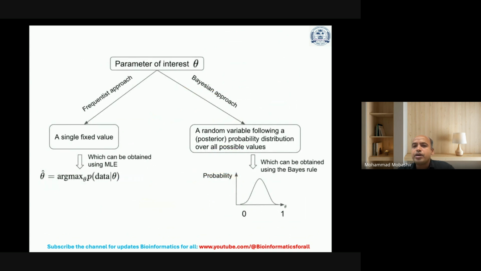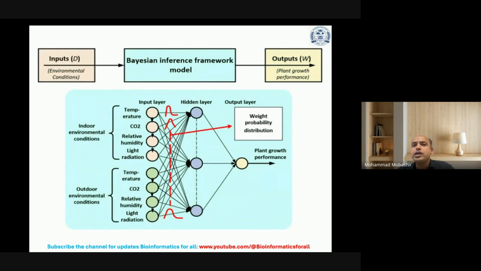Now, what are the parameters which you need to look over? So these are the parameters and how to plot the analysis after you implement the Bayesian inference. Then finally, if you are implementing in some kind of machine learning algorithm, for example, here you are using an artificial neural network where you have an input layer as input parameters, then some hidden layer, then the output layer.